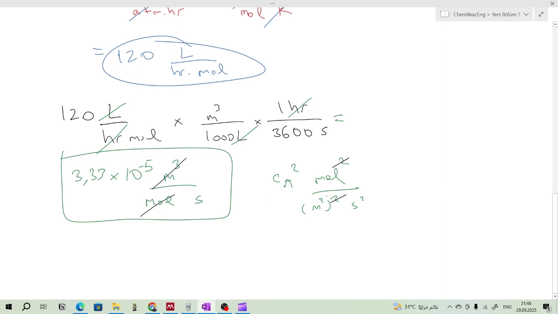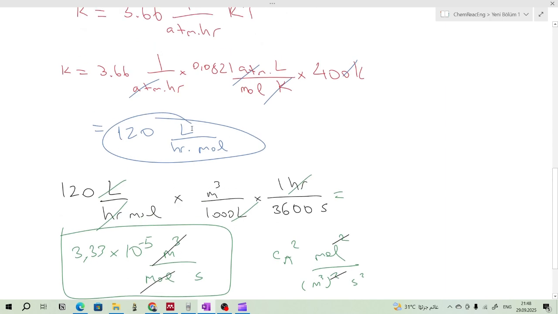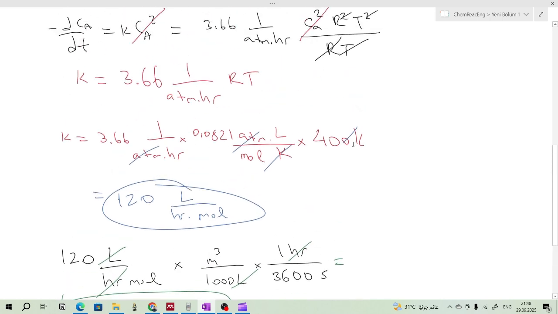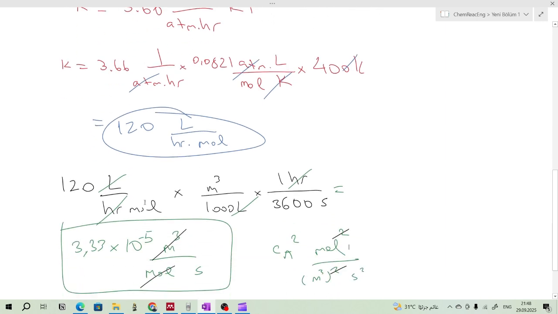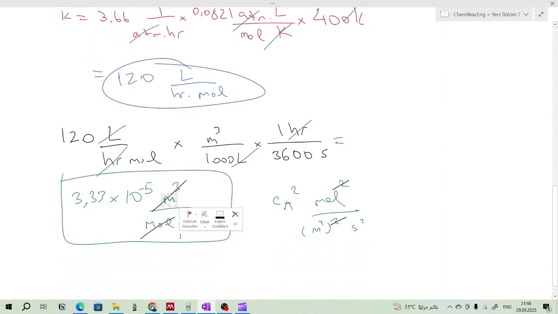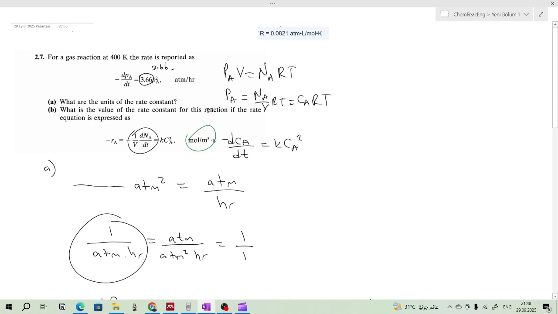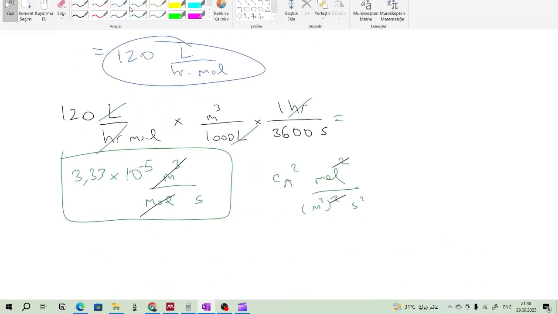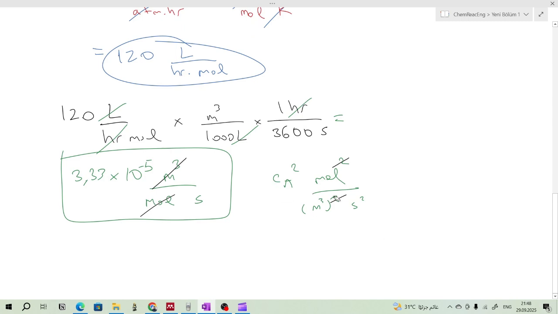Mole per meter cube second squared... but here I should get second to the first. So I had a mistake. I don't know where, but liter per hour mole... Then here second is below, so meter cube per mole second gives mole per meter cube second. I'm sorry, the problem is just that the C_A unit does not include this. C_A squared is just mole squared over meter cube squared. So we are okay.